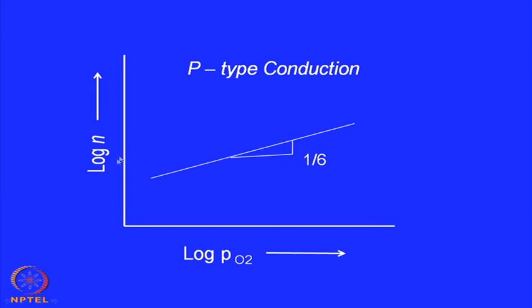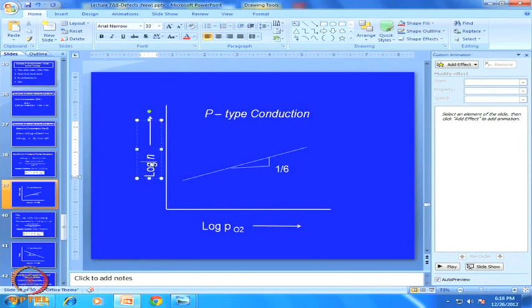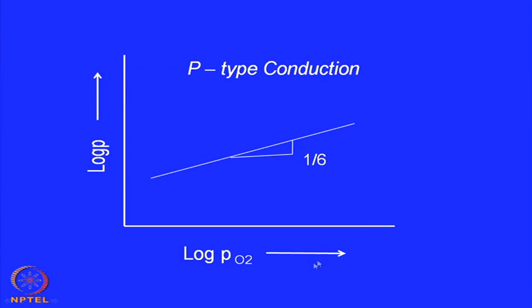I am sorry, this will be N again. This is P, so this is log P. Log P against log PO2, you will get a positive slope of 1/6, and as a rule, whenever there is a positive slope you will get a P type conductivity.